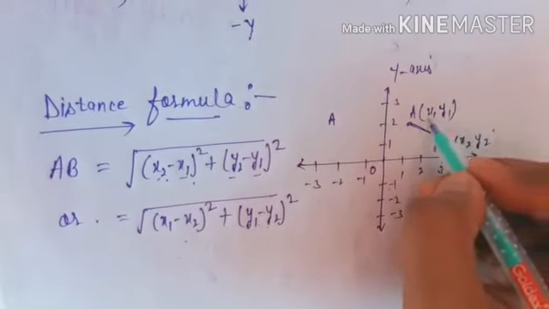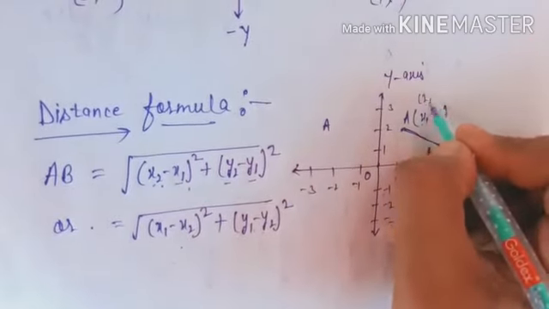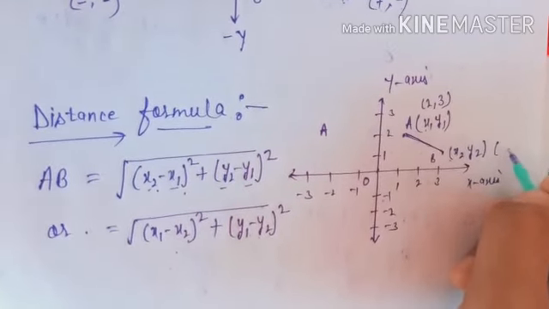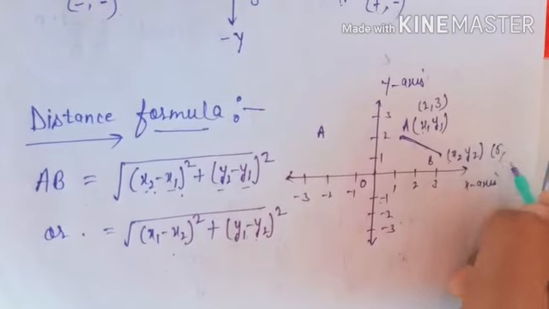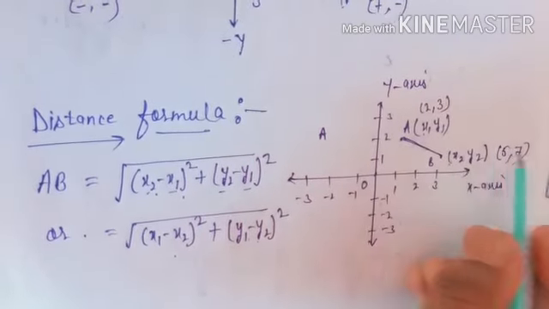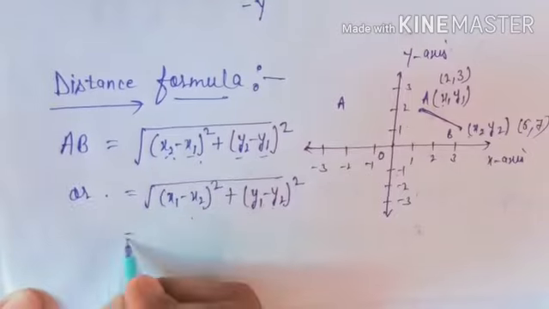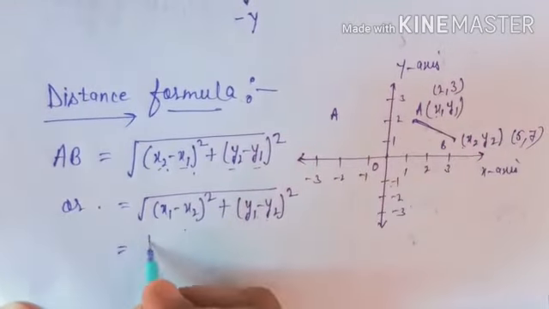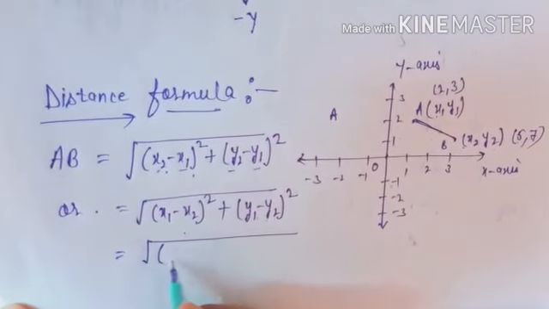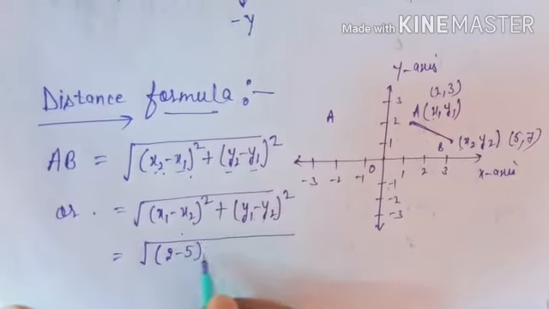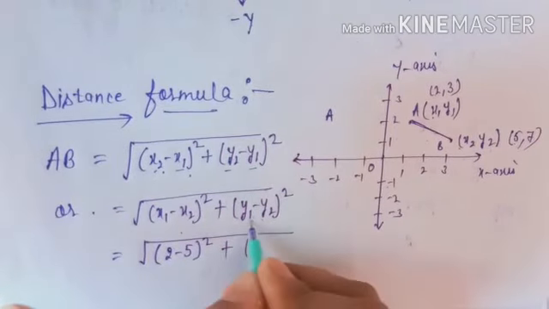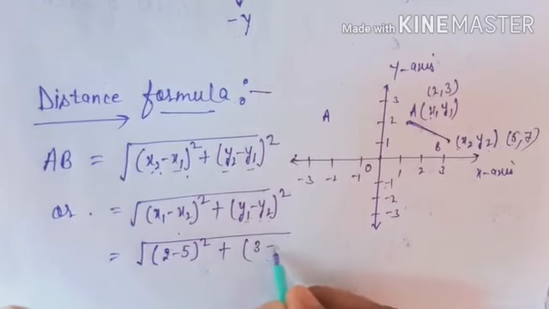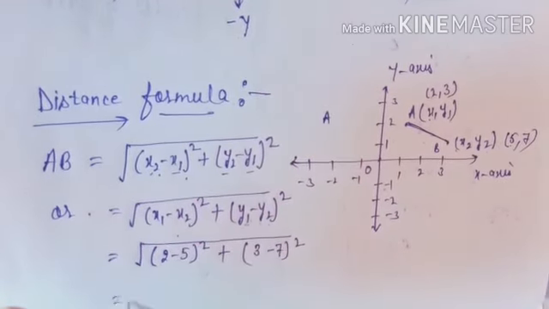For example, suppose the coordinates of A are 2 and 3 and the coordinates of B are 5 and 7. So how to find the distance between these 2 points? Here x1 is 2 and x2 is 5. So first you subtract them: 2 minus 5 whole square, plus in the second bracket you subtract the y coordinates: 3 minus 7 whole square.